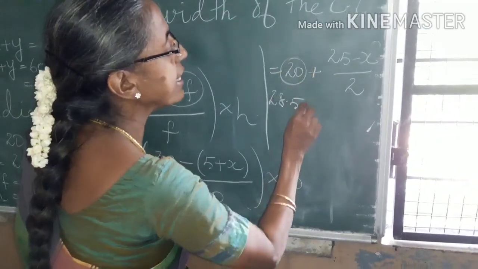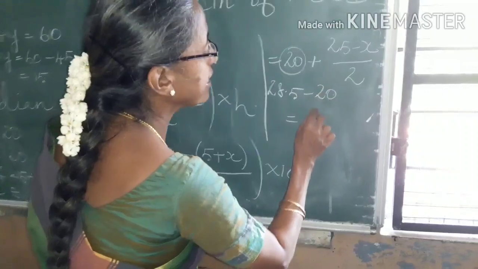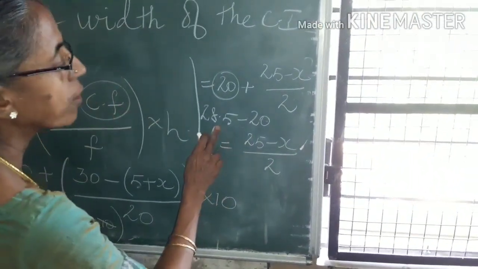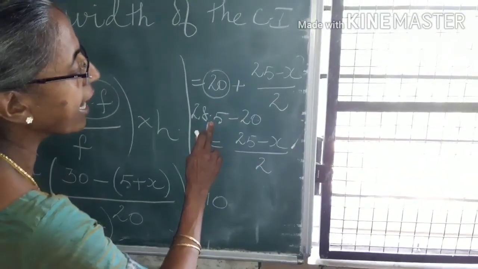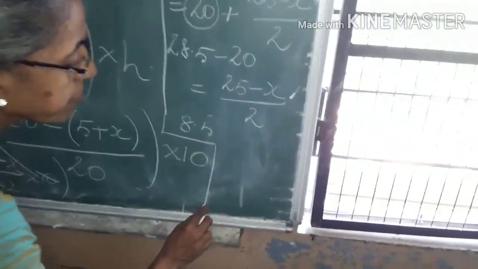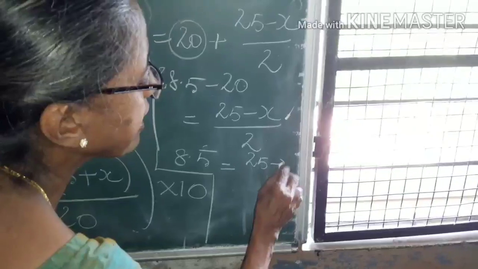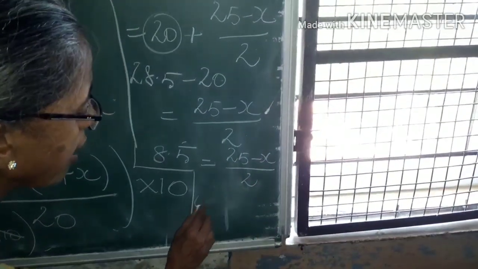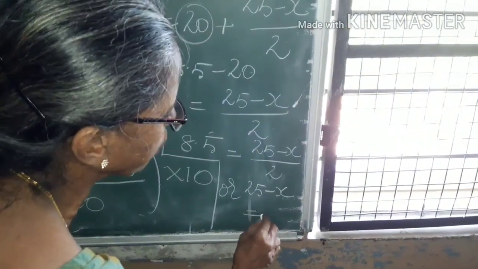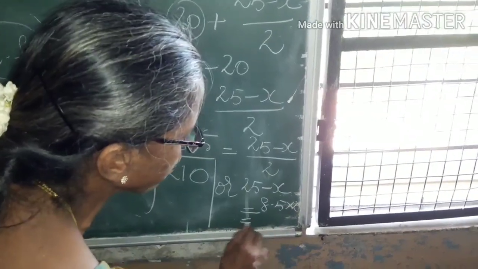Let me take this 20 here. So (25 minus x) divided by 2 equals 28.5 minus 20, which is 8.5. We can write 25 minus x equal to 8.5 multiplied by 2, which is equal to 17.